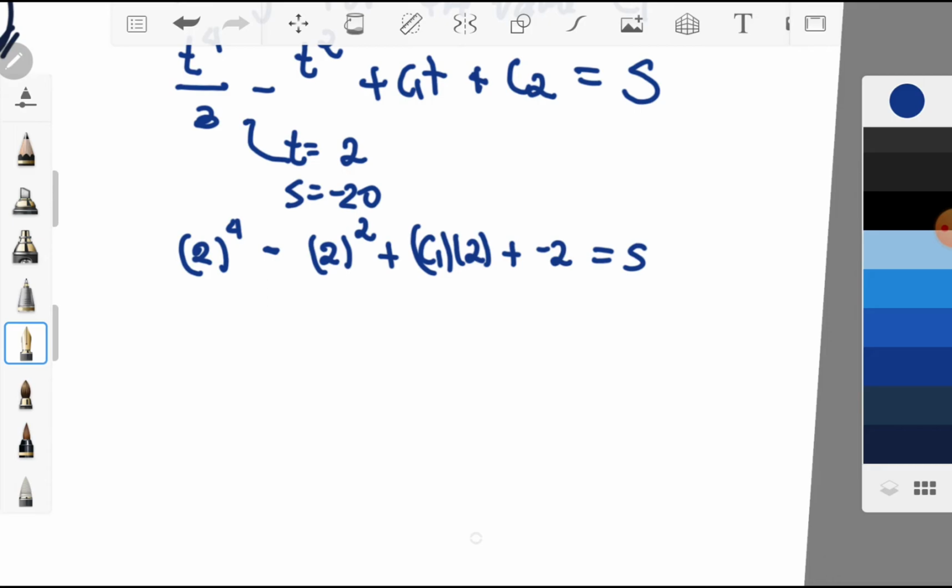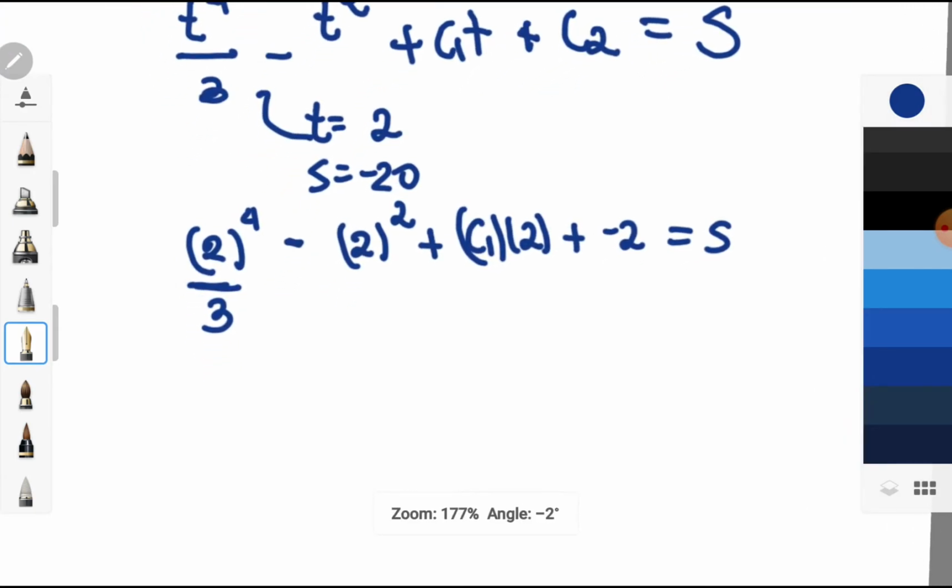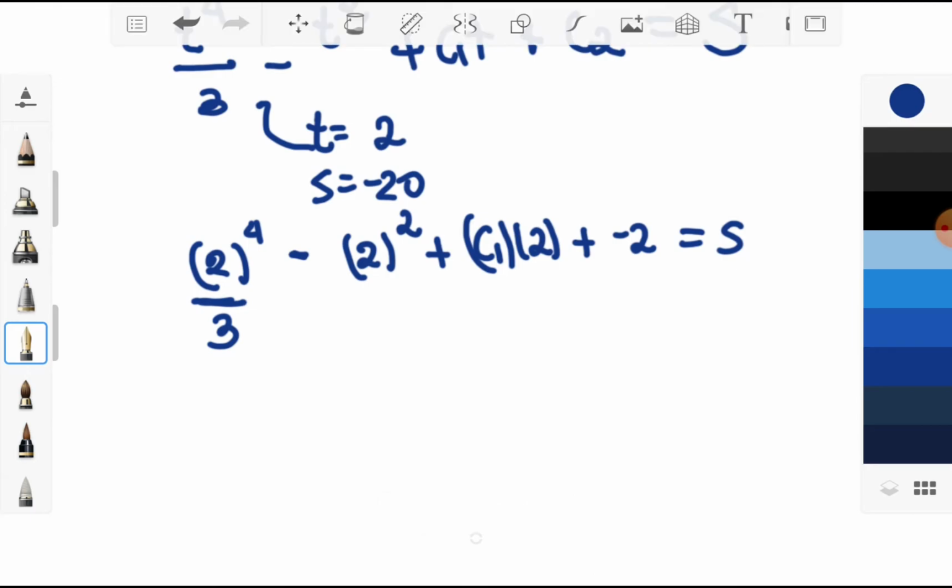Use your calculator as you go on with the calculation: 2 raised to 4 all over 3 less 2 squared plus negative 2 is equal to negative 2/3. So we have 2c1 less 2/3, which is equal to our s, negative 20.